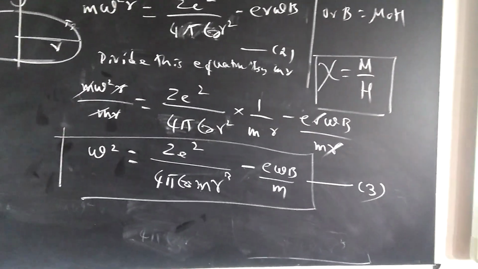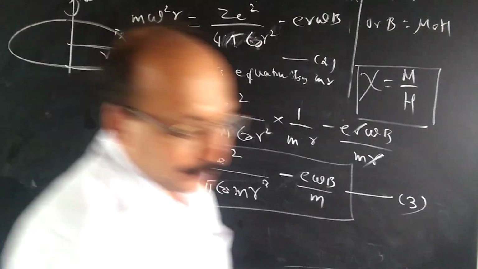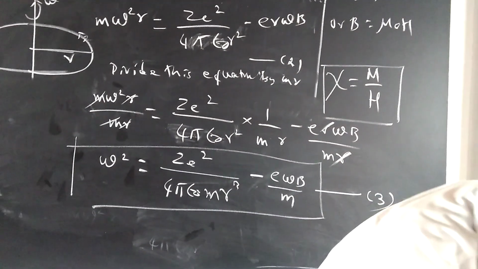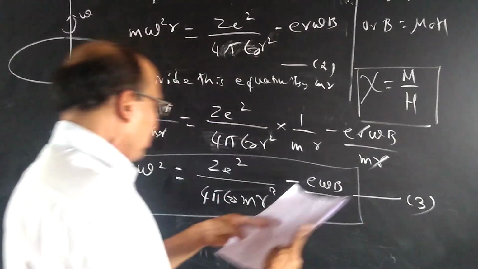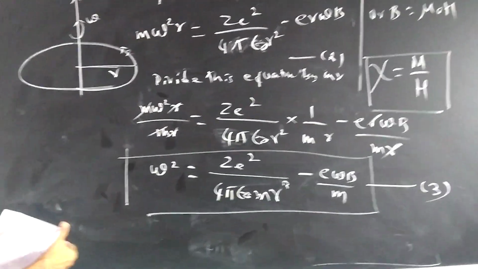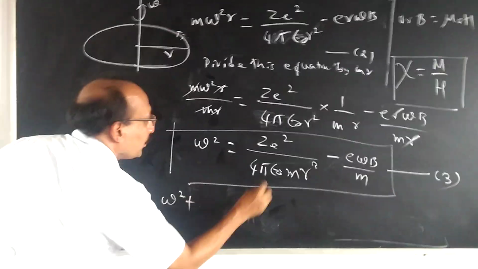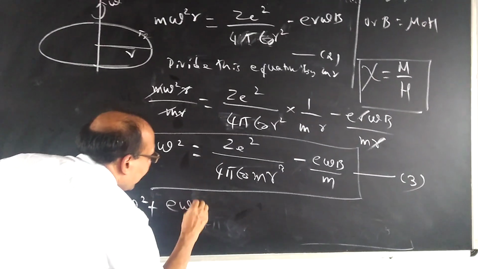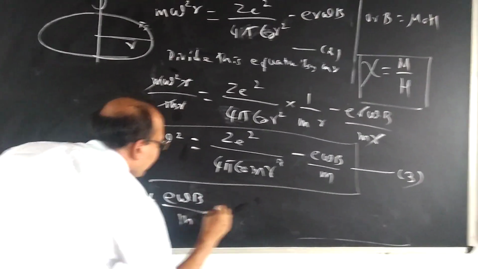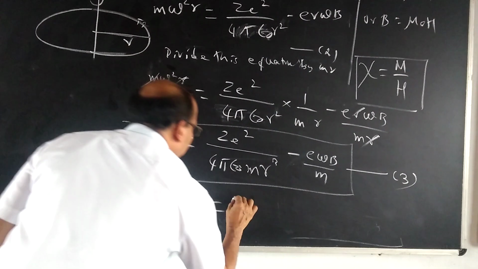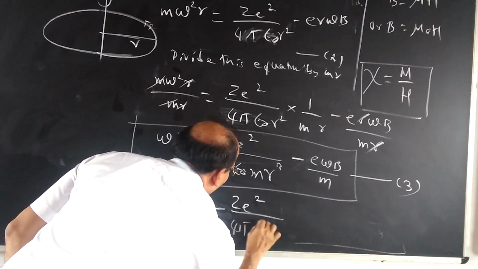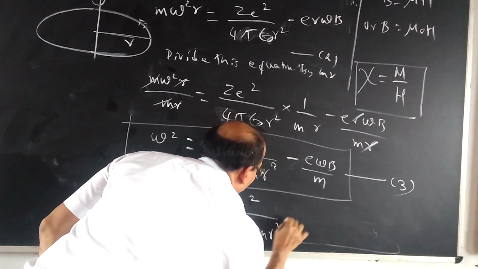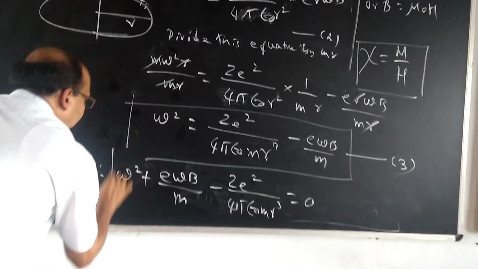Now you can solve for the root. Okay, so after solving, you can also have this particular equation. You transform the quantity however you want. You can also write omega square plus e omega B upon m minus Z square e square upon 4 pi epsilon naught m r cube must be equal to 0.